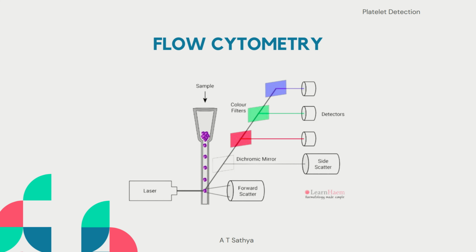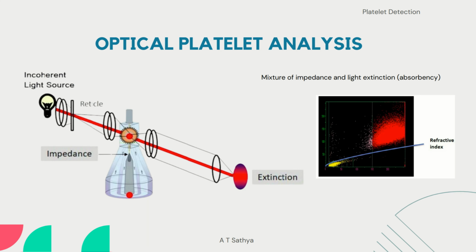The signals generated by the light scattering and fluorescence detections are processed and analyzed, by which we will be detecting the platelets. So, optical platelet analysis provides valuable insights. Let's see how it works.